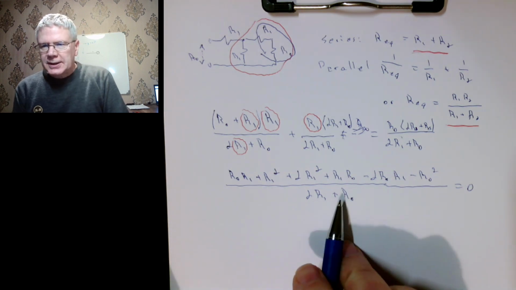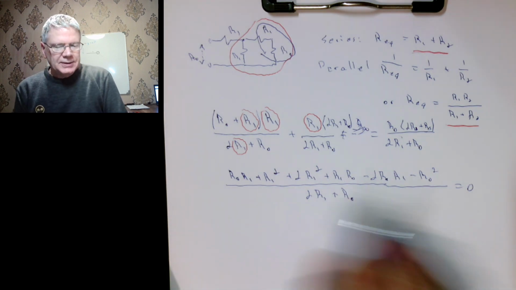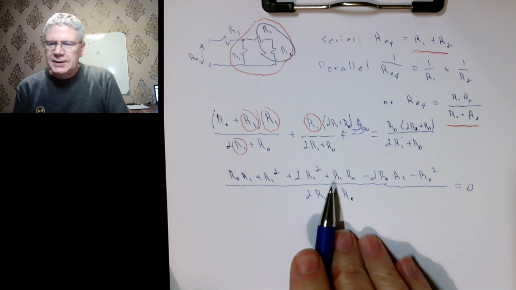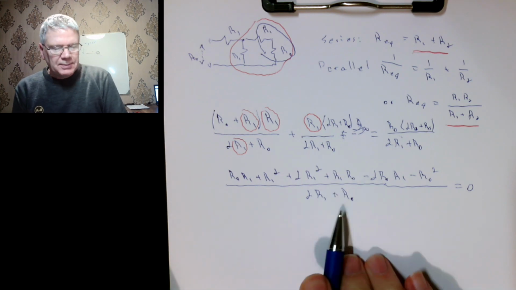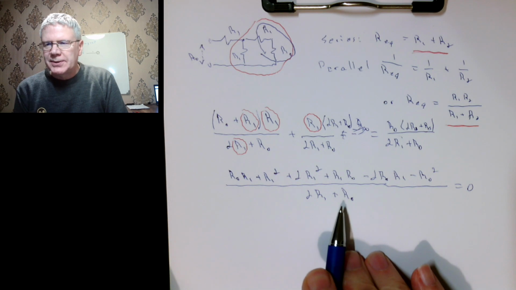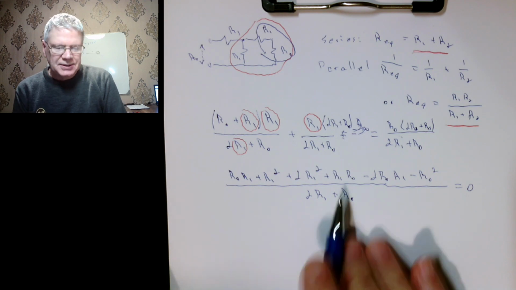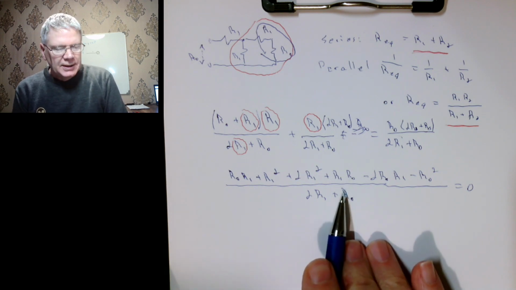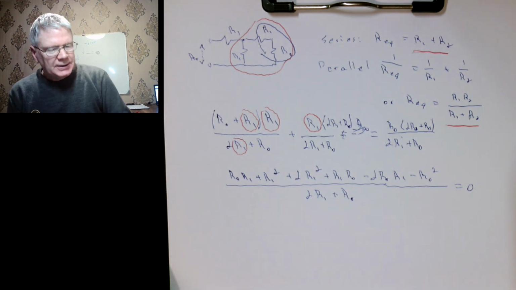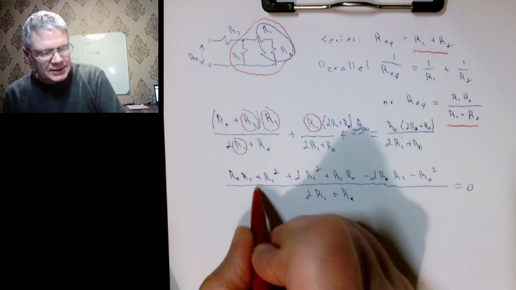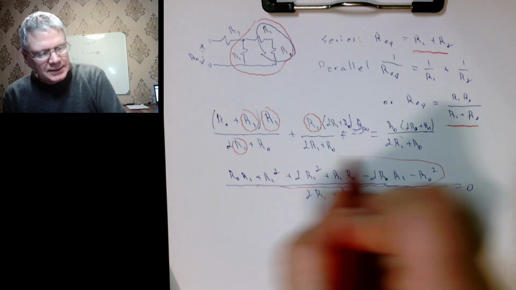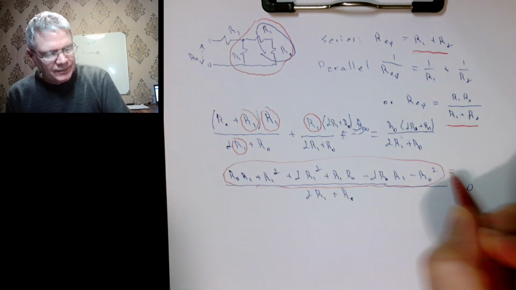But I don't care about the denominator anymore, because to be 0, the numerator needs to be 0. And these are all positive quantities. I'm assuming we don't have any zero resistances, and resistance can't be negative. So we can simplify the top. We need to set this top part equal to 0.